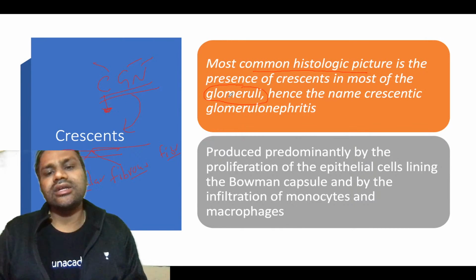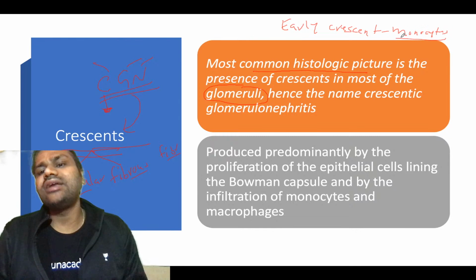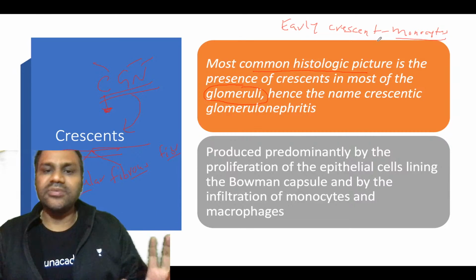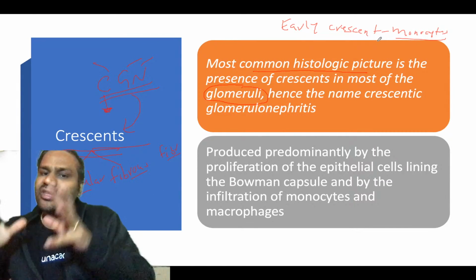The early crescent will have monocytes as the main cells. As I already explained, crescents are basically the proliferation of parietal epithelial cells.